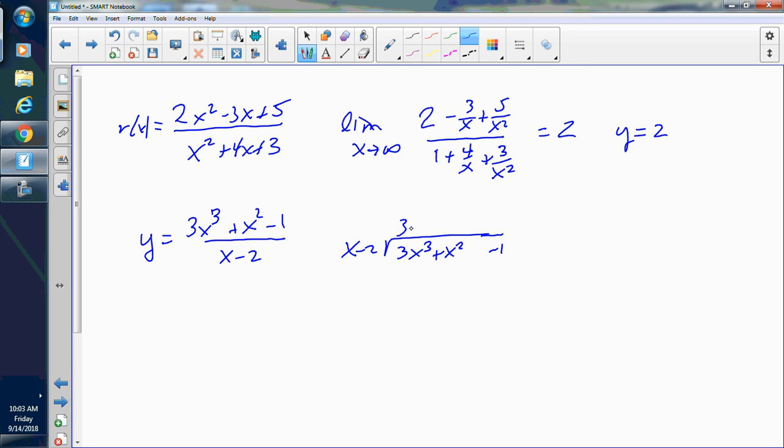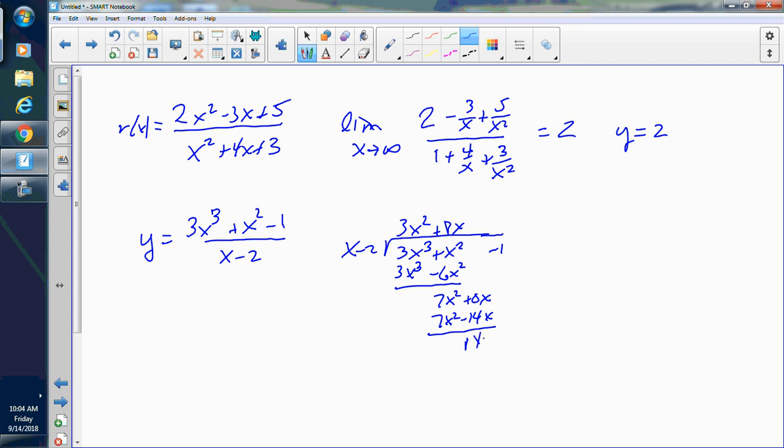Let's start out at 3x squared. 3x squared times x is 3x cubed. 3x squared times negative 2 is negative 6x squared. When we subtract, we get 7x squared. Then we bring down the 0x. Next is 7x. 7x times x is 7x squared, and 7x times negative 2 is negative 14x. Subtract, we get 14x.